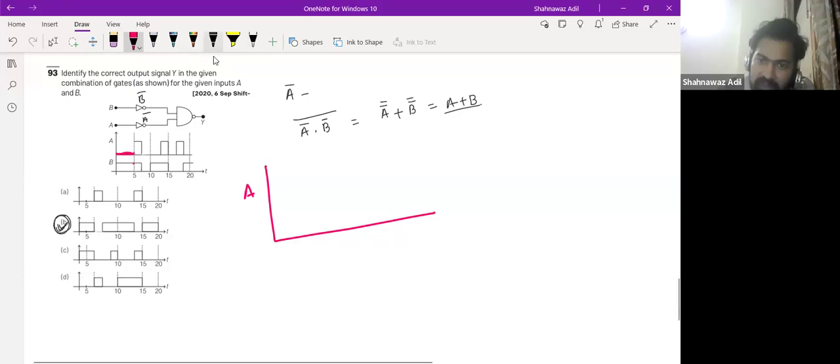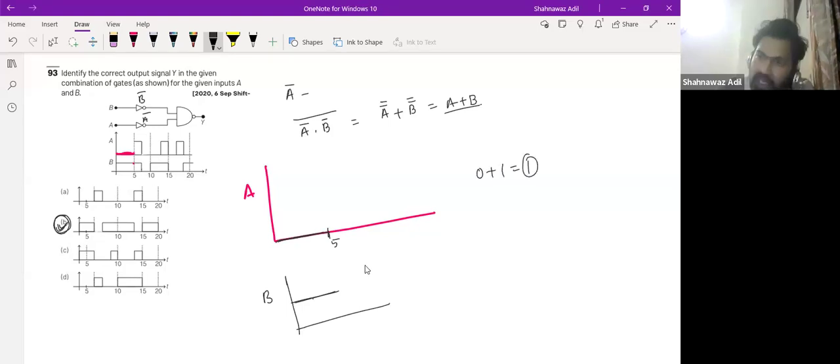B is 1, A is 0, so 0 plus 1 would be 1. So up to 5, you should get 1, right? These are diagrams in which you are getting 1 up to 5. In this one, you are getting 0, and in this one, you are getting 0. So these are discarded, right? Is it clear?